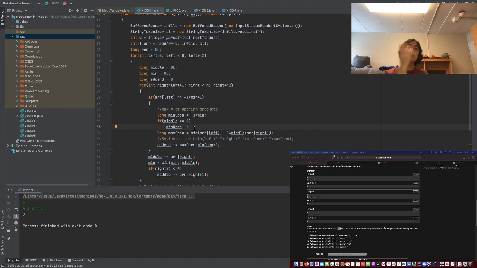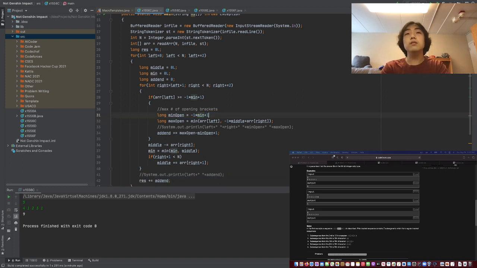So if it goes down to min, then we need at least -1 times min plus 1 brackets, because we need to offset all of the middle brackets and have at least 1 more bracket to append to this right part. So that's the minimum that we need open.